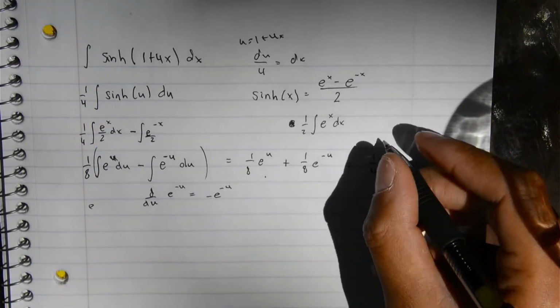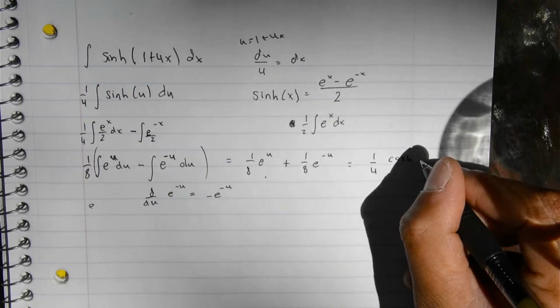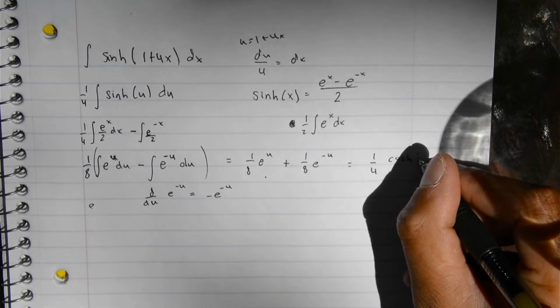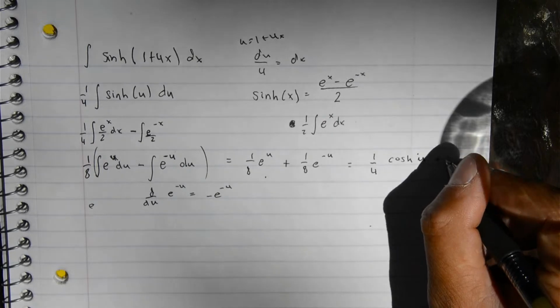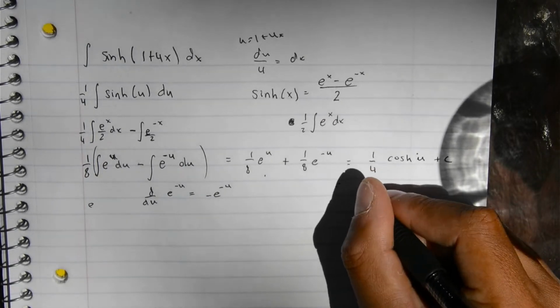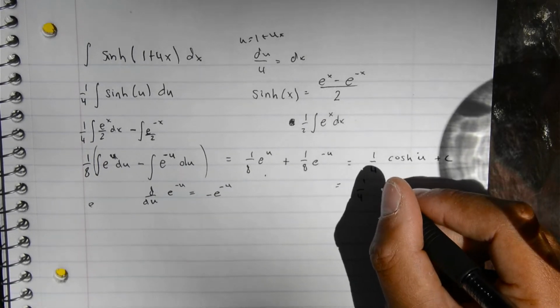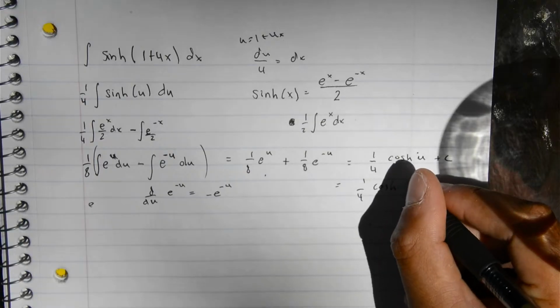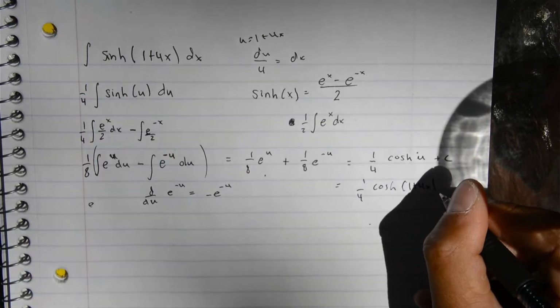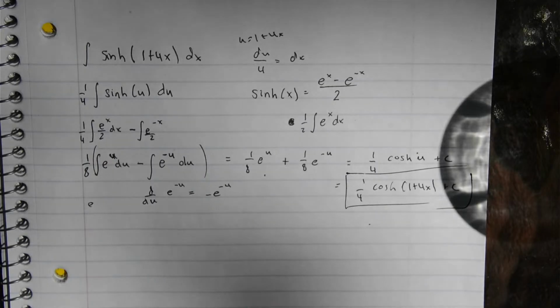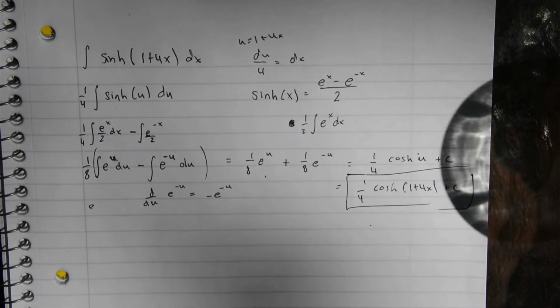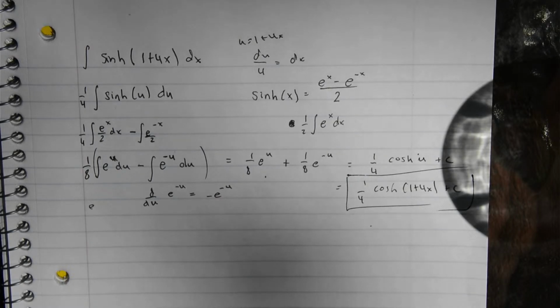Oh, okay, so this is going to be 1/4 cosh u plus c, which is equal to 1/4 times cosh(1 plus 4x) plus c. I think that's right. Nice. All right, that was correct.